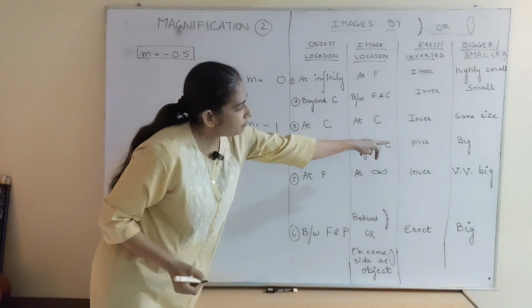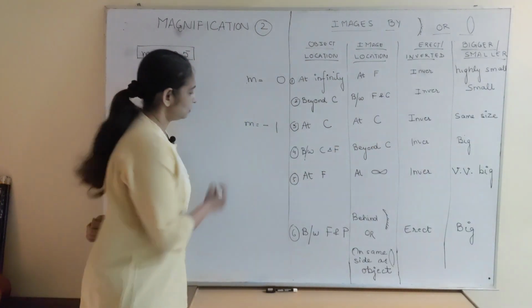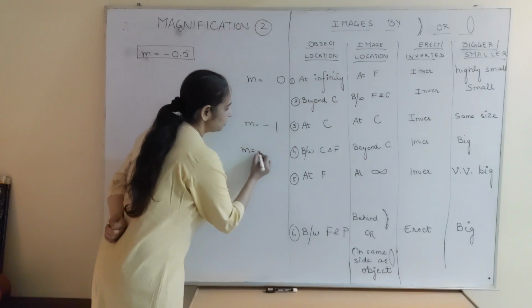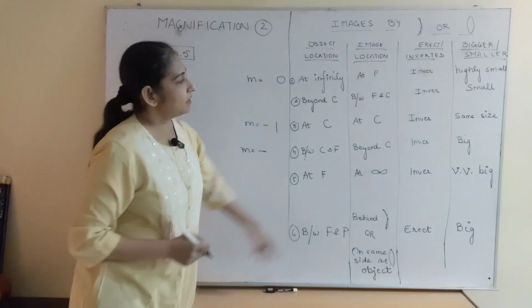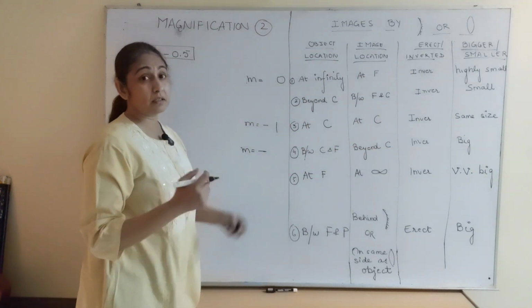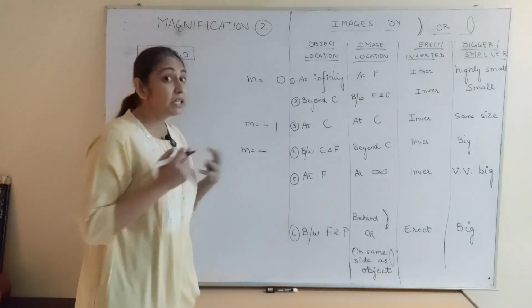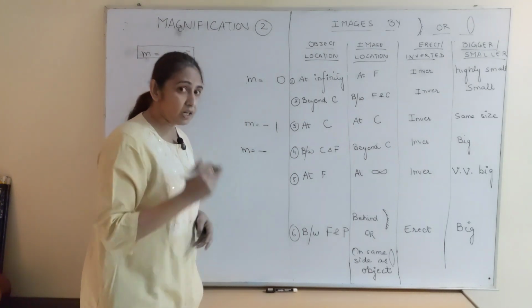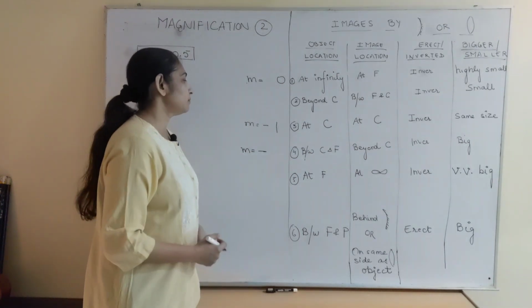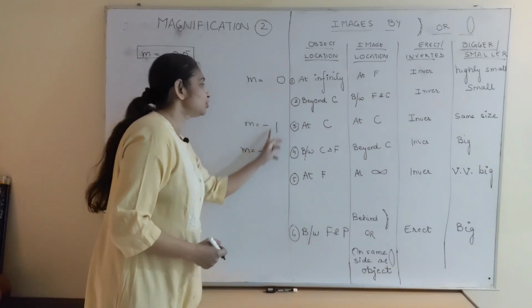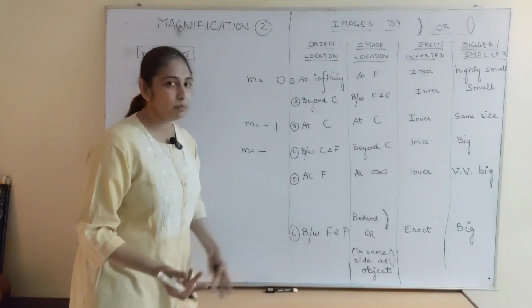Wherever the image is inverted, the magnification will be negative. It is bigger. The image is bigger than the object. It is enlarged. It is magnified. So what does that mean? The pure value will be more than 1.